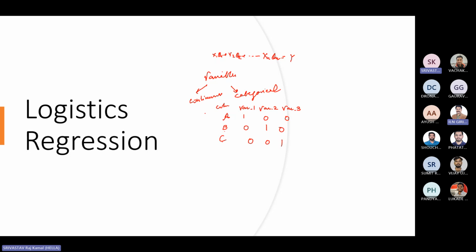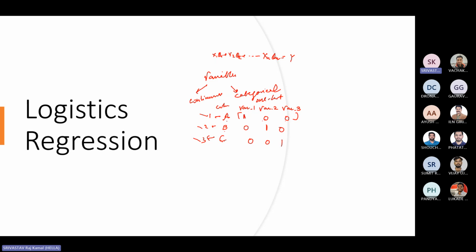One way, which plainly comes to mind, is to give it one, two, three. Now this gives us some bias that C is better than A, but maybe this is not the case. Giving 1, 2, 3 directly may not be right. So we decided we will make it a one hot vector. It is known as a one hot vector because in this vector only one bit would be on. This bit is on, this bit is off, this bit is on, like that.